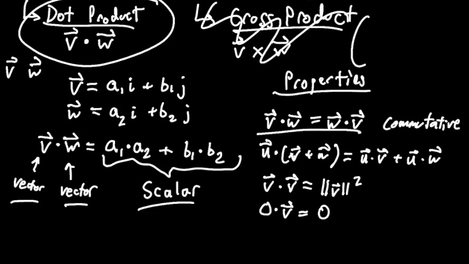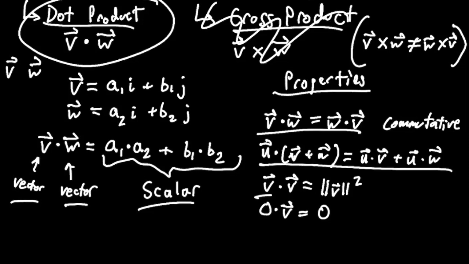Just an aside, the cross product between v and w is not equal to the cross product between w and v. So the other form of multiplication that we define for vectors is in fact not commutative. So although these might seem obvious, it still is important to point them out for the dot product.